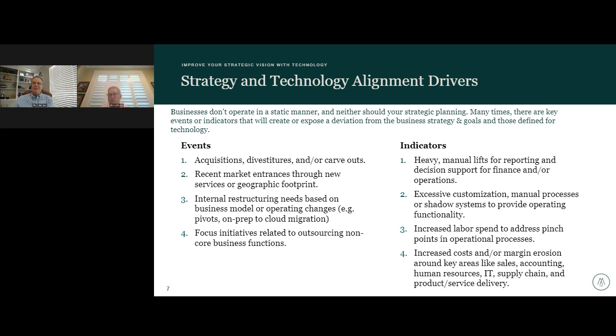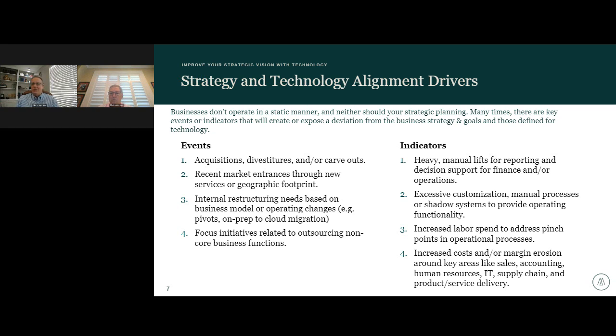But in the back office, where you've got kind of a shroud between you and the customer, there may be a lot of heavy lifting going on and some additional labor to get billing out, to get cash applied, to apply payments, things of that nature, or reconcile accounts. And the idea there being, where can I take that labor spend, get some automation going, and address that elsewhere? Again, indicative of an alignment issue.